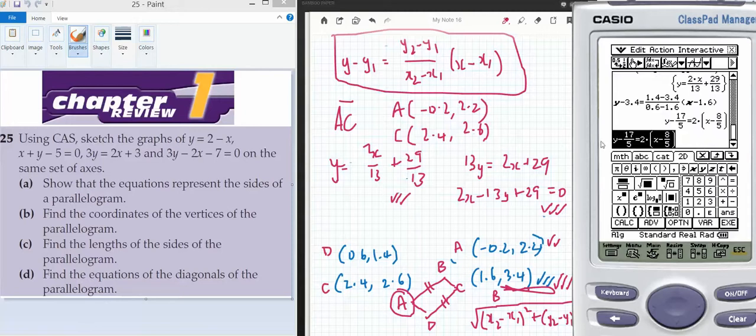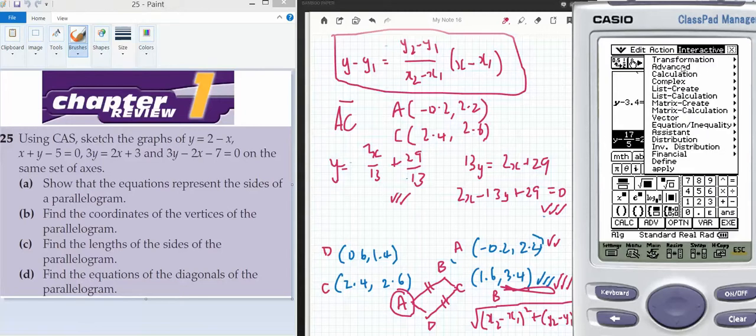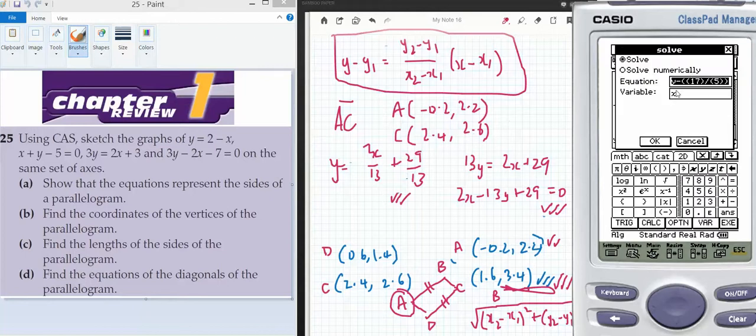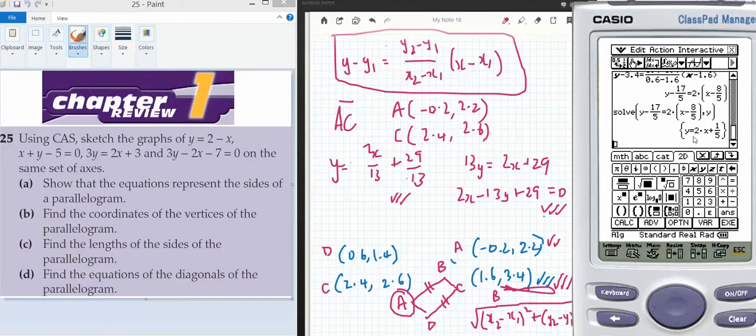Put that in a new line, advanced solve for y. That makes it y equals, and there's the equation in terms of y equals. If you want to put that into general form, multiply everything by 5, and then from that, that's what the equation is.